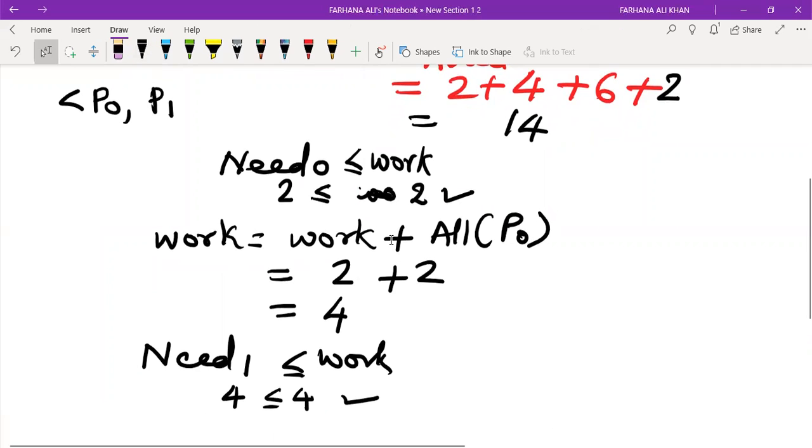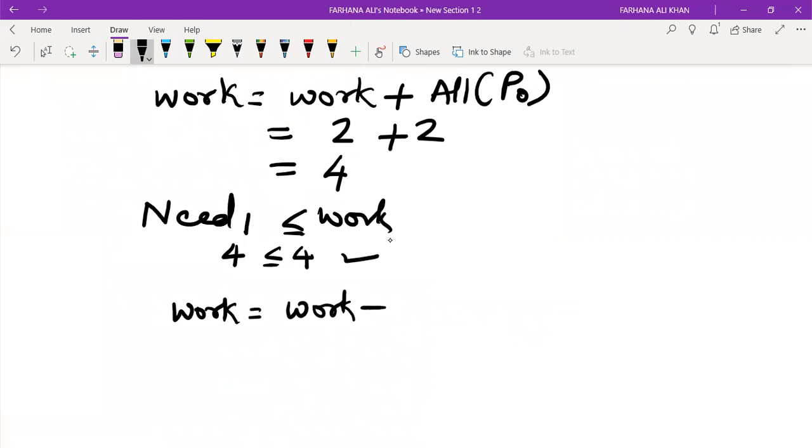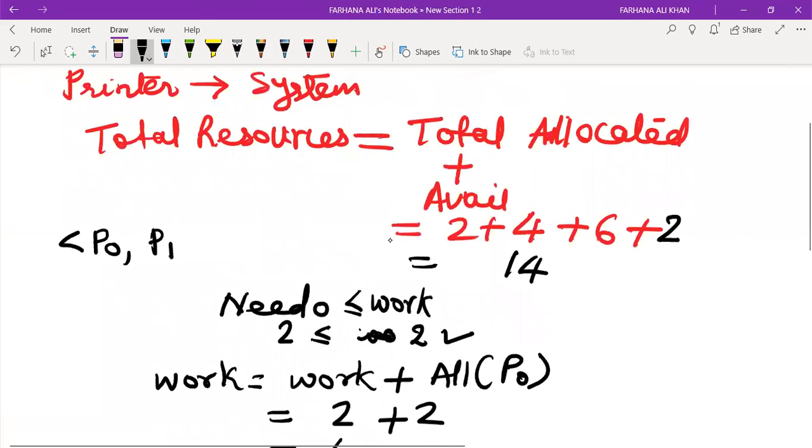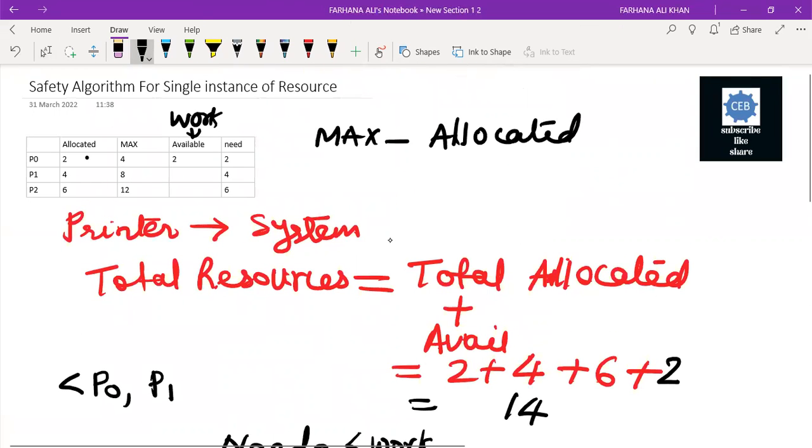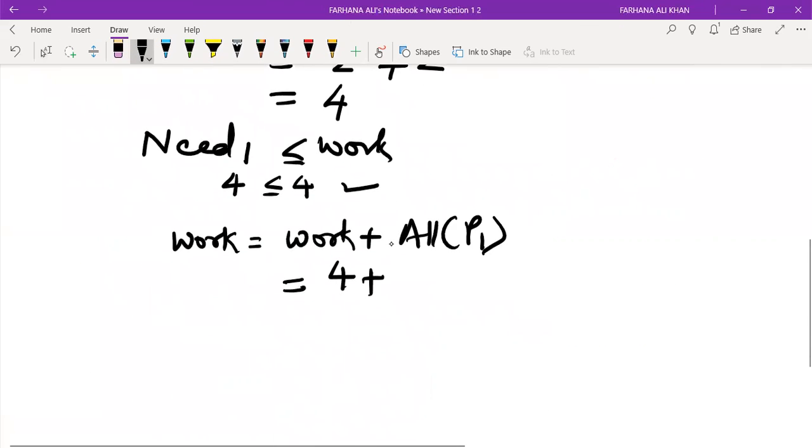After completion of its task, process P1 is going to release its resources to the system. So the new work will be the current work plus the resources that were allocated to process P1. The previous work was 4, plus the 4 printers that were allocated to P1, so the total number of resources released to our system now is 8.